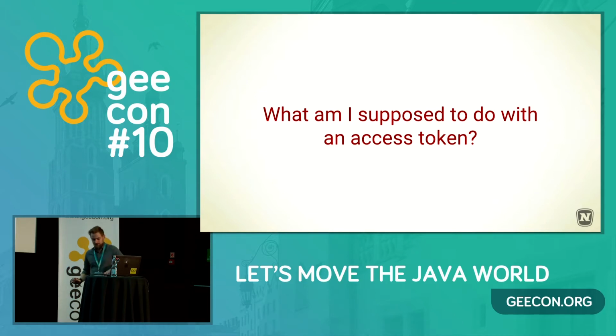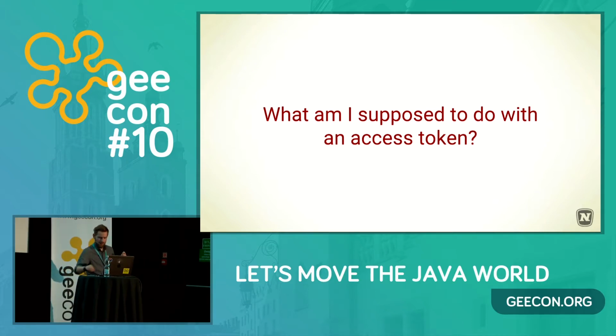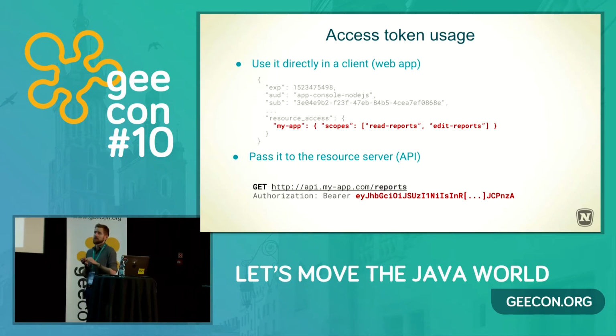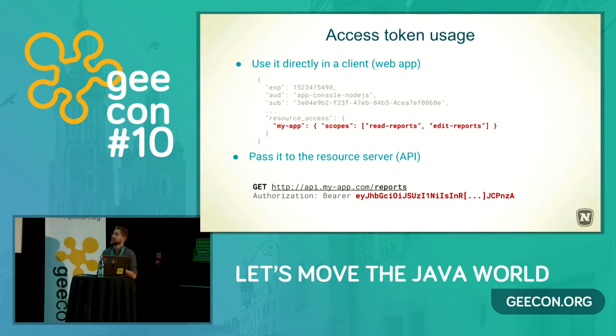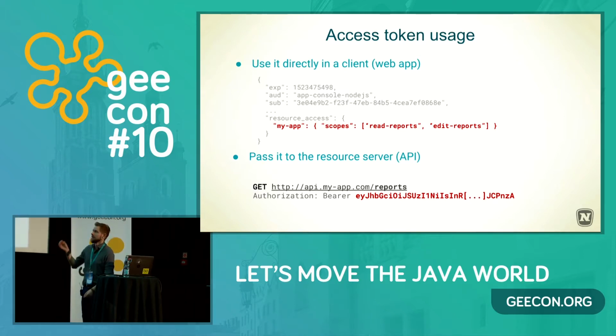Okay, so we've got key value pairs in our access token, but what are we supposed to do with them? Well, actually, that information is really crucial to our applications. We can use it directly in our client applications, or even better, we can pass it to the resource server using the authorization bearer token.